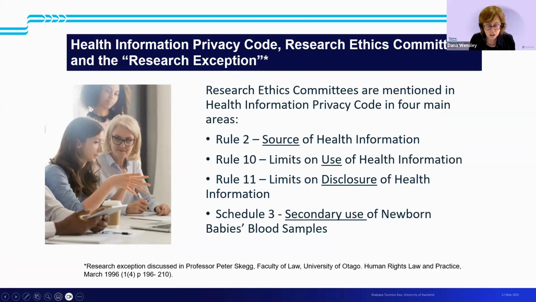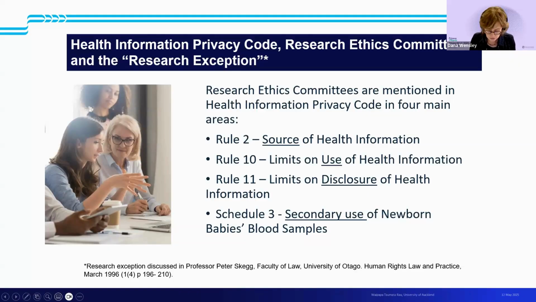The research ethics committees are mentioned in the code in four main areas. In Rule 2, that's the source of health information. In Rule 10, the limits on use of health information. Rule 11, limits on disclosure of health information. And in Schedule 3, secondary use of newborn babies' blood samples.